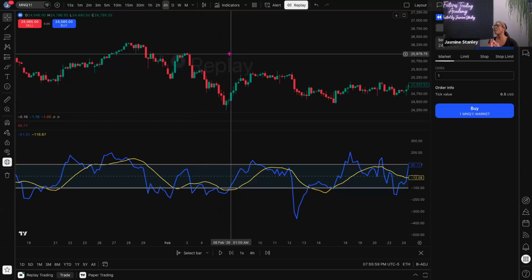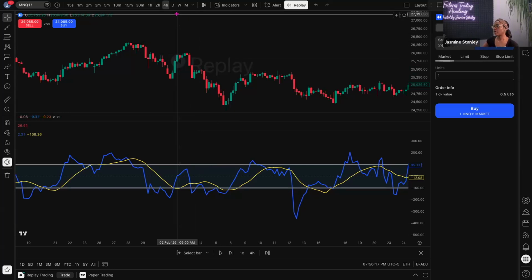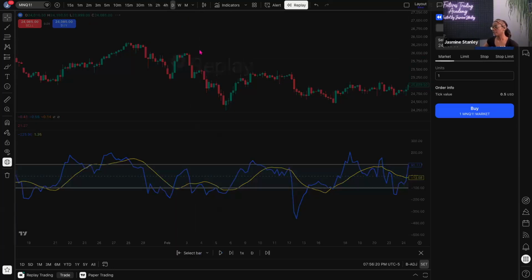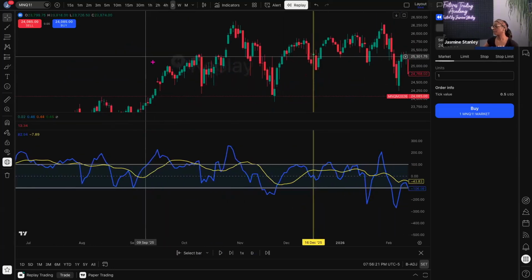But a lot of times, it is going to take a lot longer than 5 minutes, I'm 1,000% sure about that. Okay. You can also do this on the daily, but it won't show up as often on the daily. But it still shows up, right?